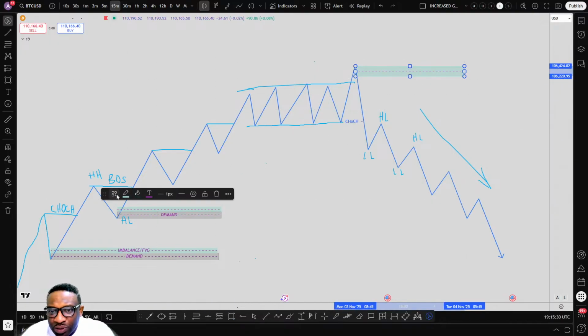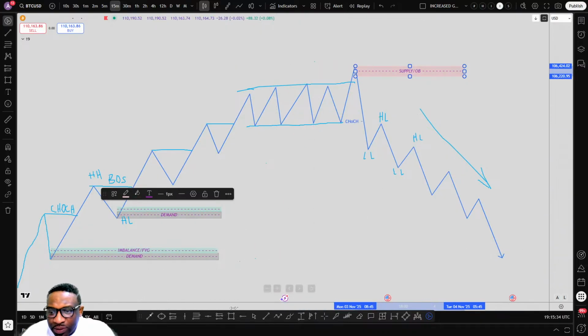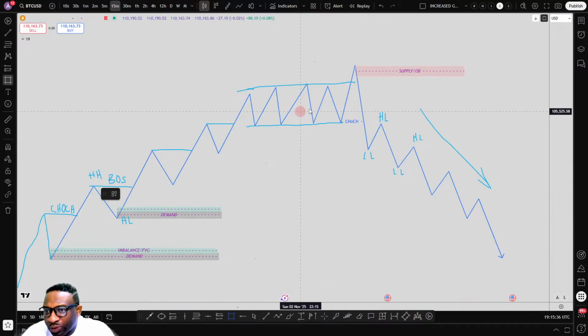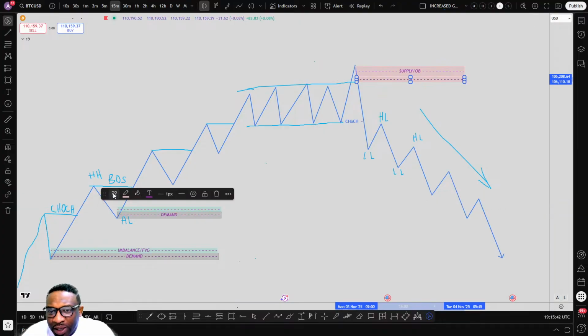That will be our supply zone. And with this supply zone, as we said in the uptrend, we want to see an area of imbalance attached to it, making it a much more valid area for us to consider taking a trade from. So this is an area that we want to see price come back to revisit, and then we take a sell from there.